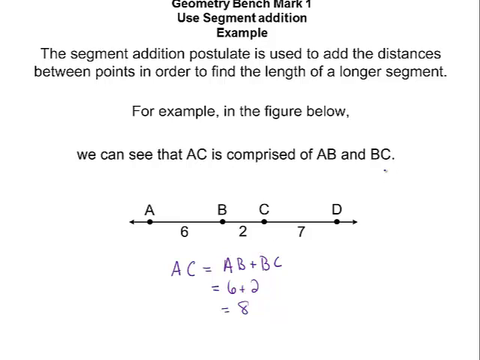And if I wanted to find AD, I would have 6 plus 2 plus 7. Or BD would be 2 plus 7. So you just look between the letters, and add up all those numbers. Not too bad?